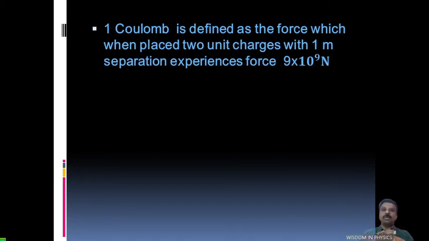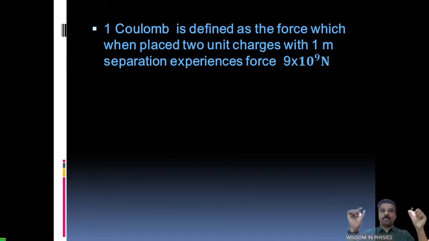Now we are going to see about the constant, and also what is 1 Coulomb charge. Generally the unit of the charge is Coulomb, and how is 1 Coulomb defined? 1 Coulomb charge is defined as the charge which, when two such unit charges are placed with 1 meter distance of separation, experience a force of 9 into 10 to the power of 9 Newton.